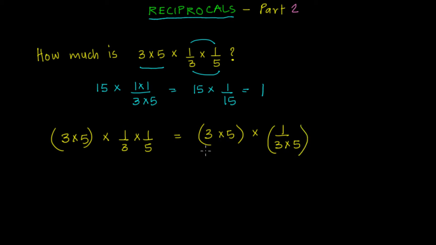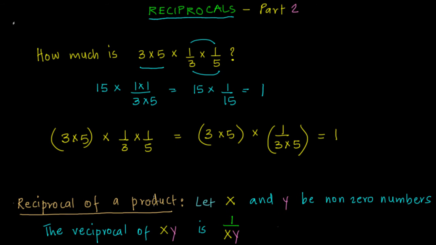So 3 times 5 and 1 over 3 times 5 are reciprocals of each other, and that's why they are equal to 1. So the property is that the reciprocal of a product, in this case the product is 3 times 5. So if we have x and y, which are non-zero numbers, the reciprocal of x times y is 1 over x times y.